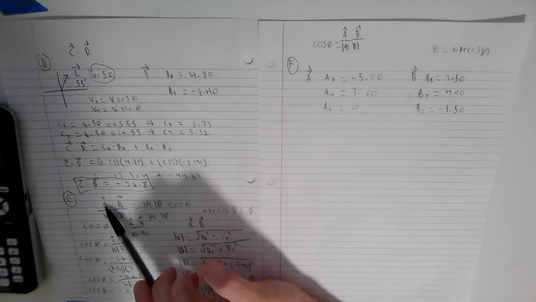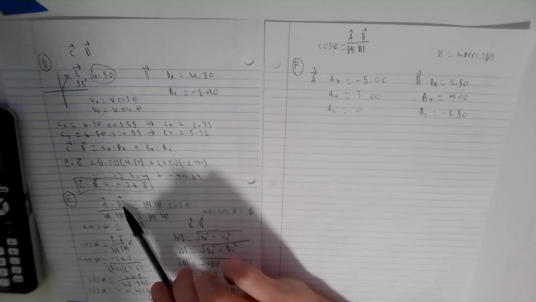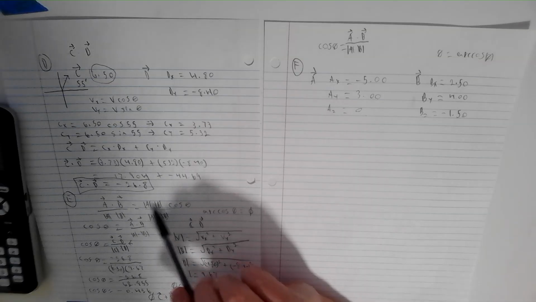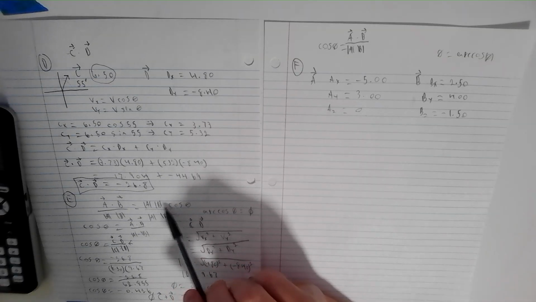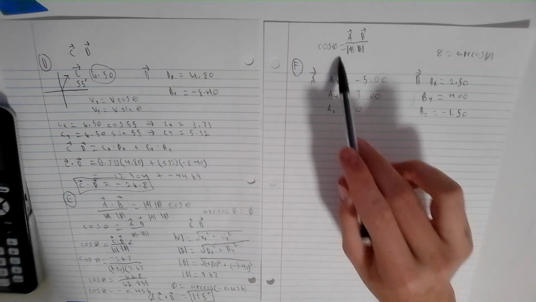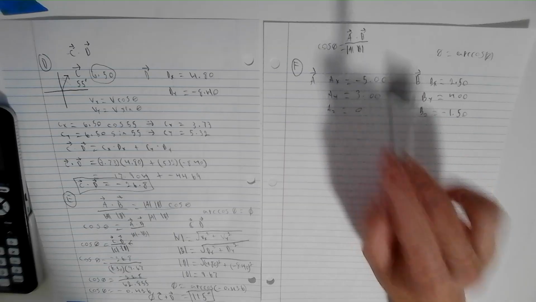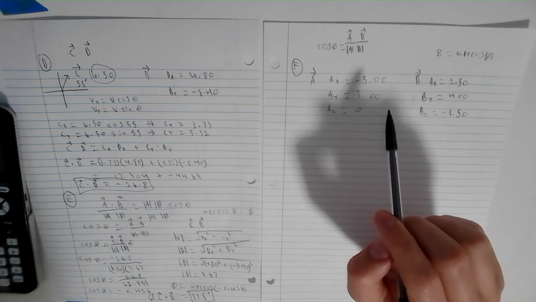That was A times B, the A vector times vector B equals the magnitude of A times B times cosine. That's how we get that. And so we have to just figure out all the variables for that.